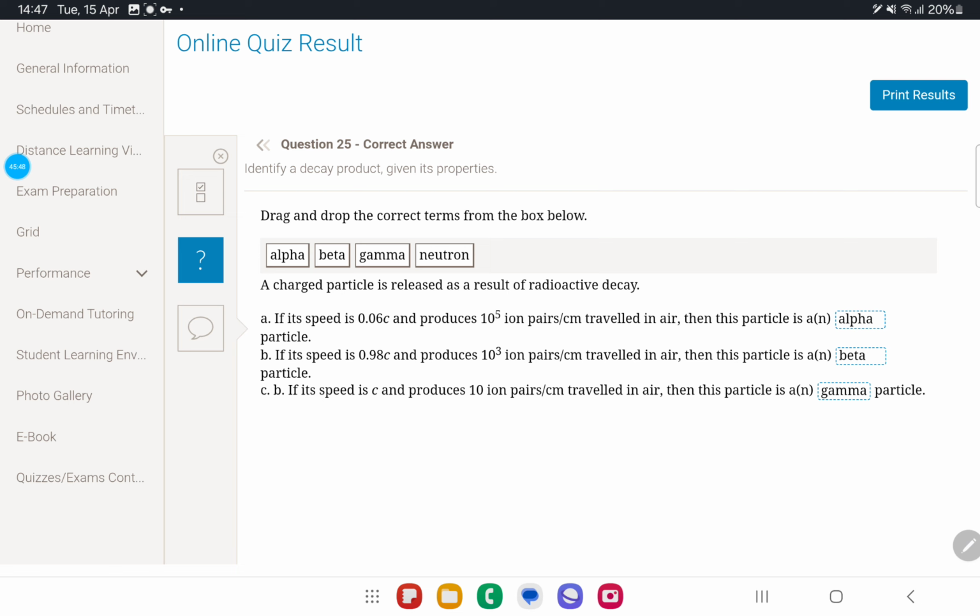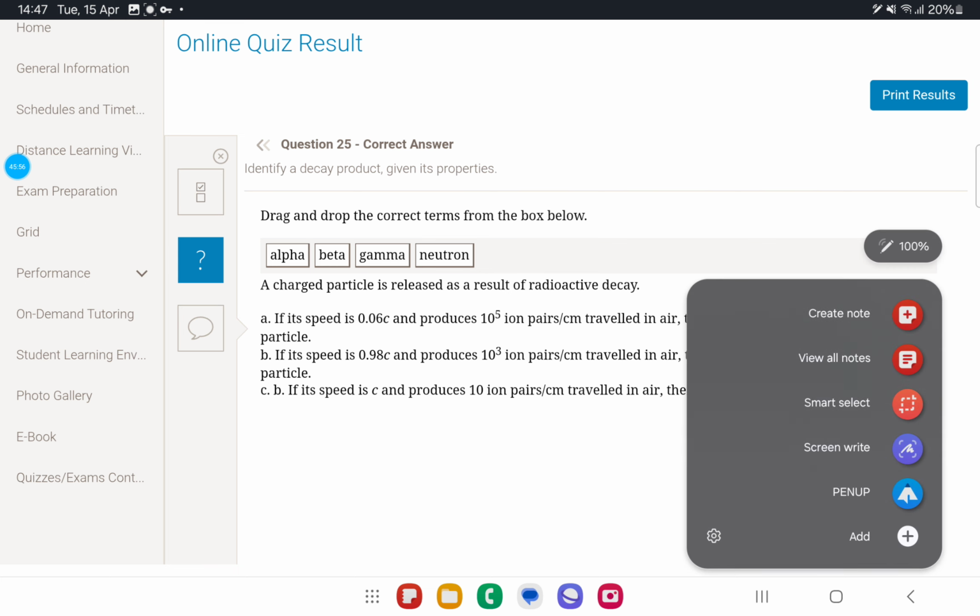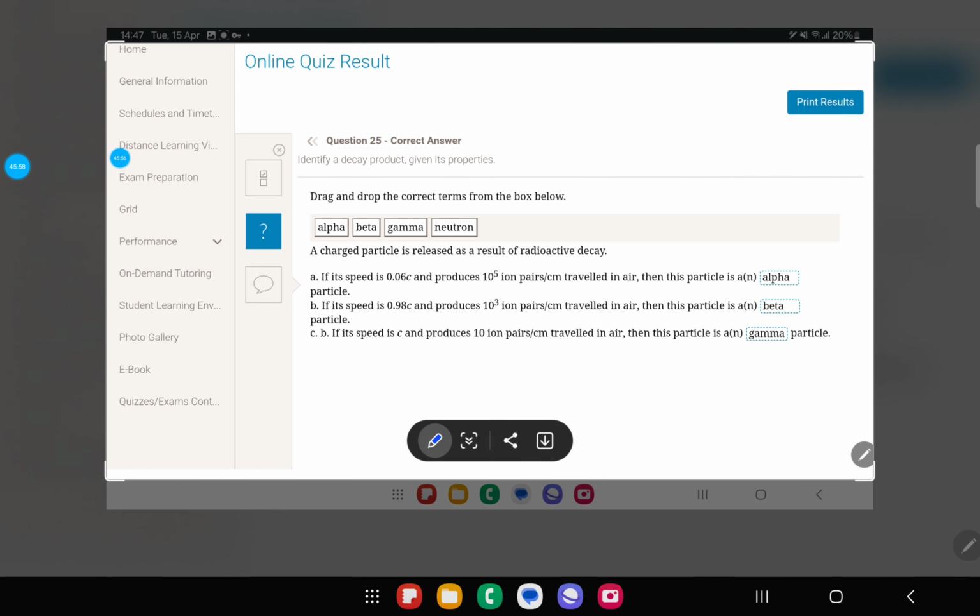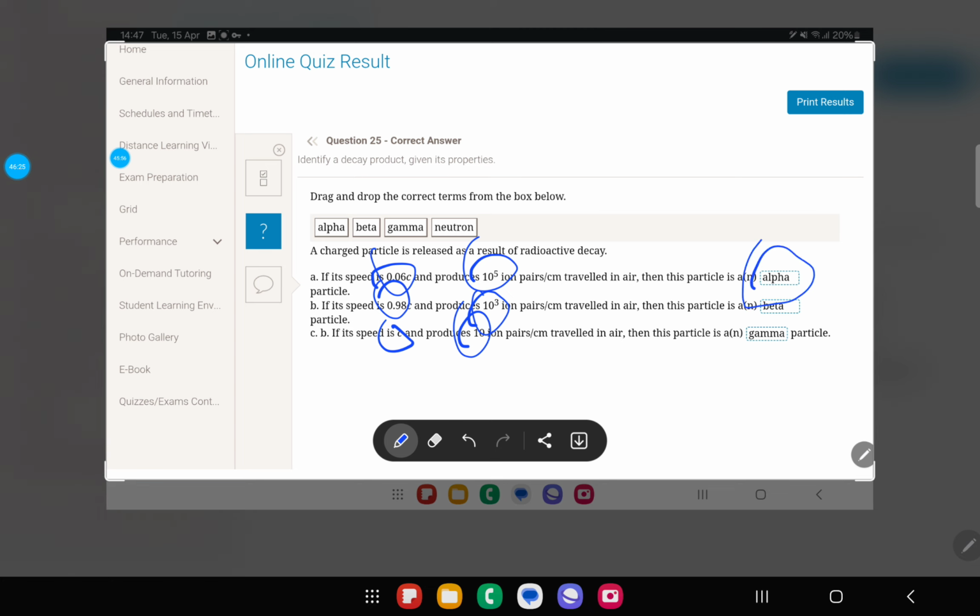Anyways, a charged particle is released as a result of radioactive decay. If its speed is 0.06 c and it produces 10 to the power of 5 ion pairs per centimeter traveled in air, then the particle is an alpha particle.